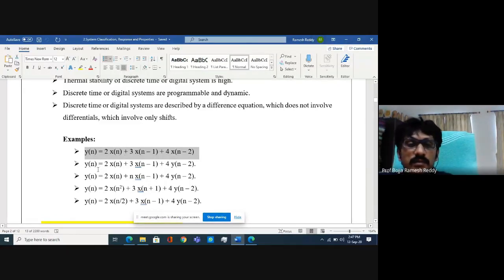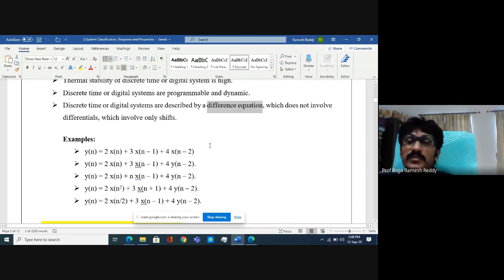In the second example, present output depends on present input, past inputs, and past output. Okay, these are the examples. These are the relations between input and output of a discrete time system. This system involves only shifts, and these equations are called difference equations. A difference equation represents a discrete system.